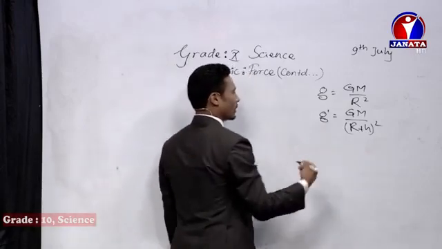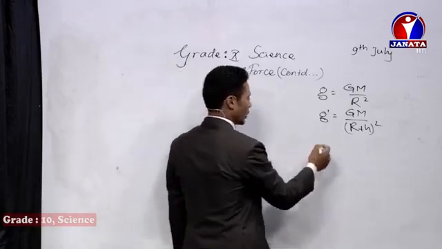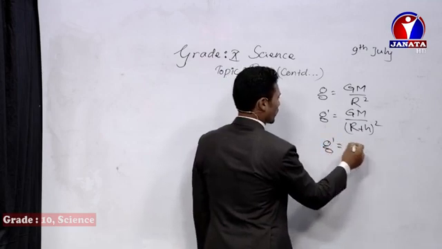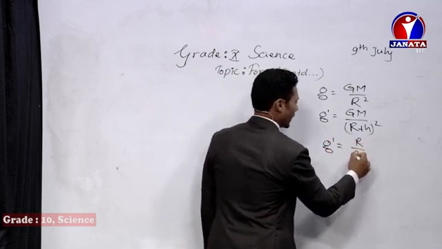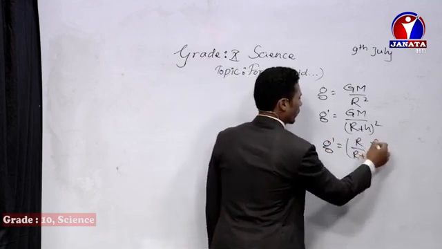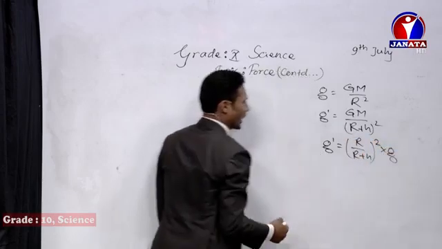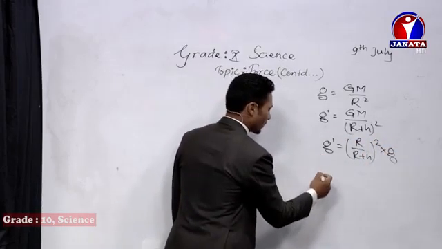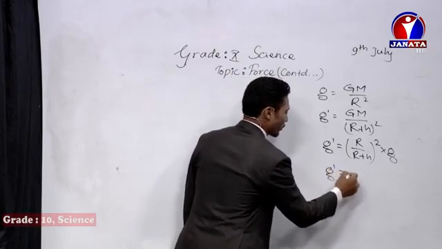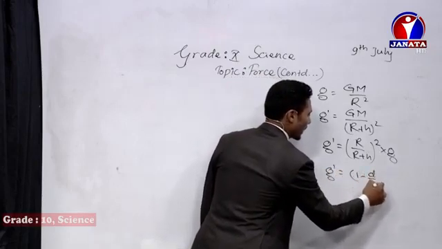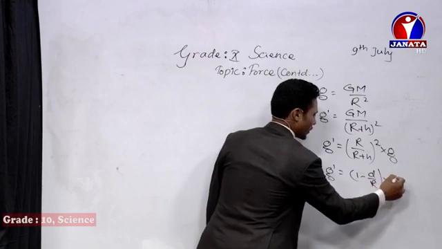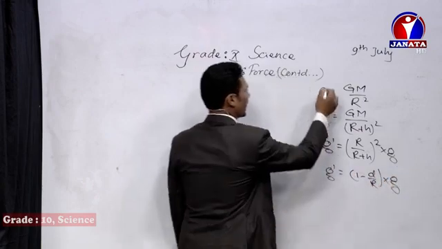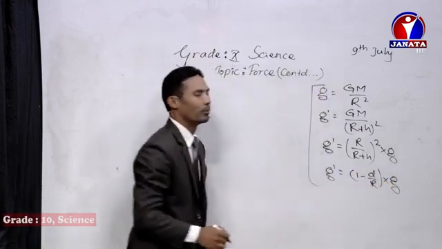And we have also derived the relation between g and g dash: g dash equals r by r plus h to the whole square into g. And one more relation we have learned previously is g dash equals 1 minus 2d by r into g. So these relations we have derived in the previous class.